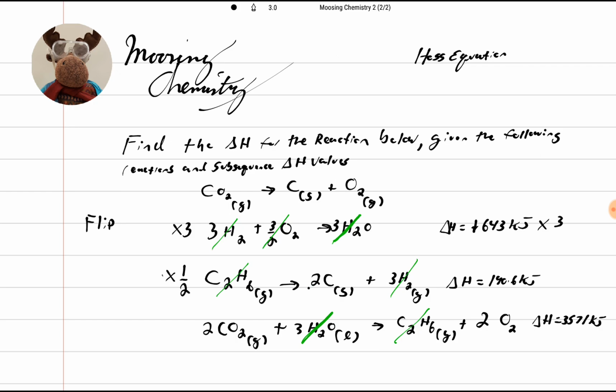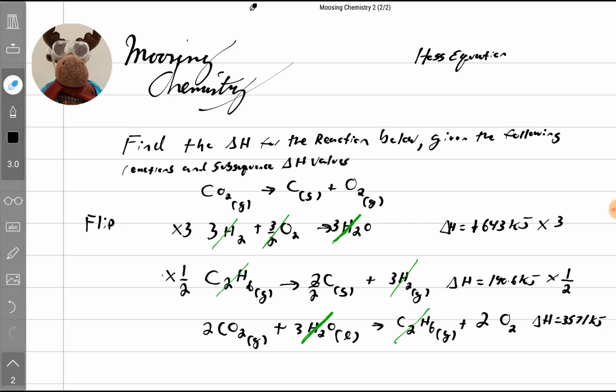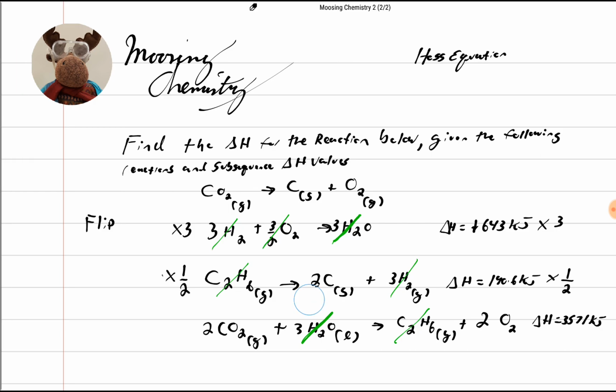That gives us 2 over 2, but when we multiply by 1/2, we also have to multiply this by 1/2. So 2 over 2 is just the same as C, so it's going to just make that C. And that takes care of that. So now we have our C's.